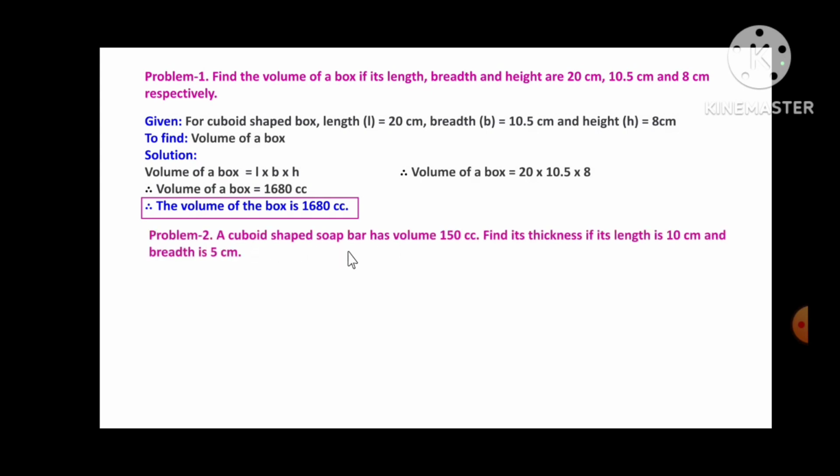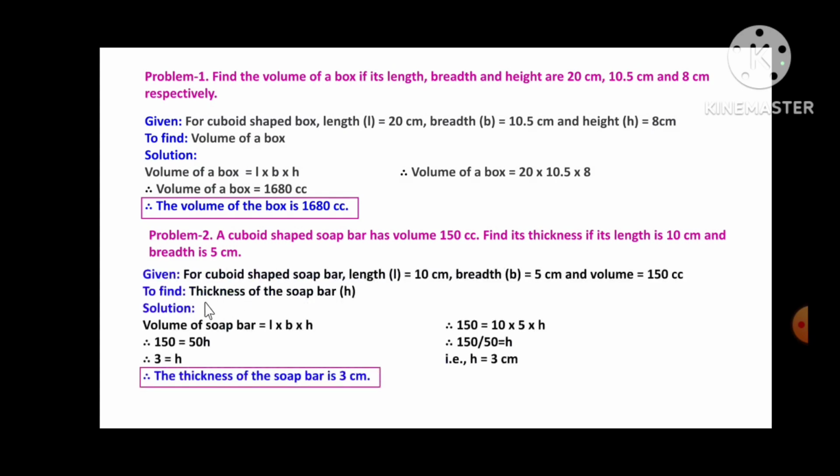Problem number 2. A cuboid shaped soap bar has volume 150 cc. Find its thickness if its length is 10 cm and breadth is 5 cm. Here, for the soap bar, length L is 10 cm, breadth B is 5 cm, and volume is given as 150 cc.